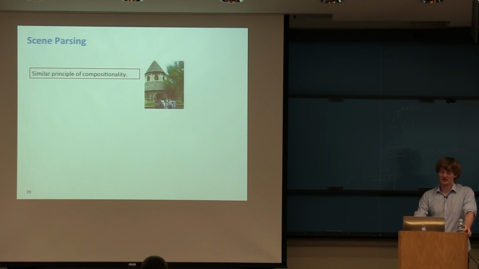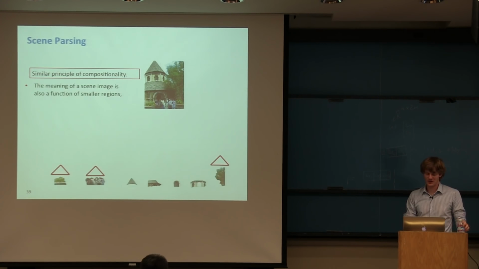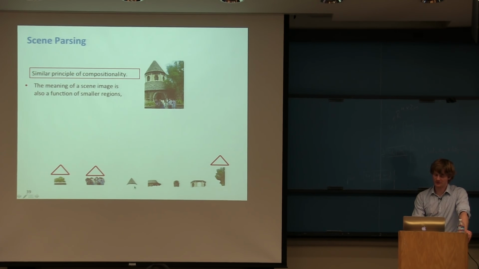So, a last little 3-minute side note on computer vision, where you can assume that even in scene images, you have a similar principle of compositionality, where you can define the meaning of the scene as a function of the smaller regions. There's a bush, there's some people, there's a roof, there are a bunch of different objects here, or parts of a larger structure.